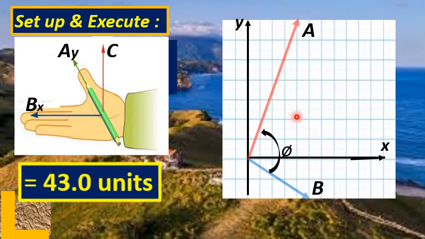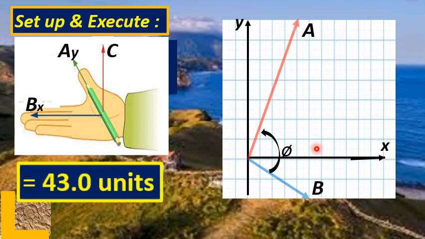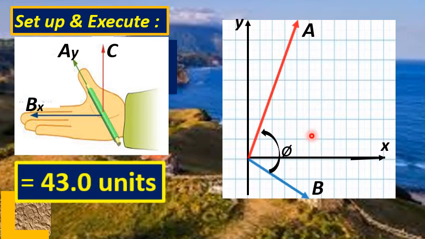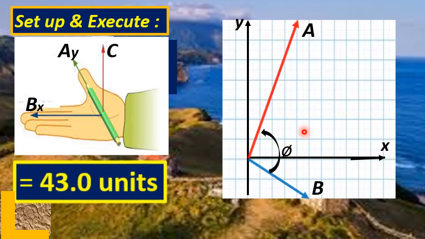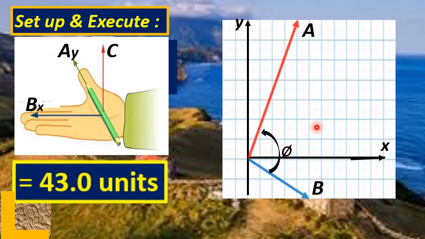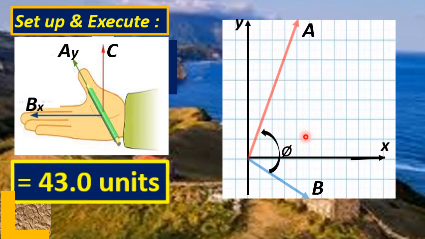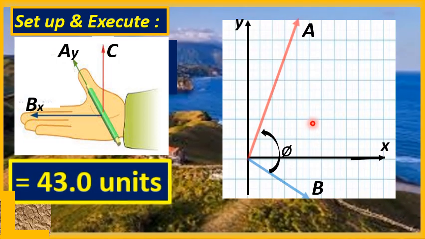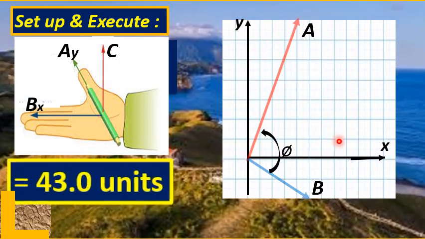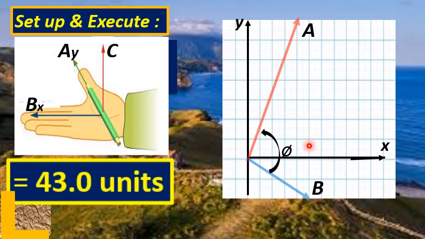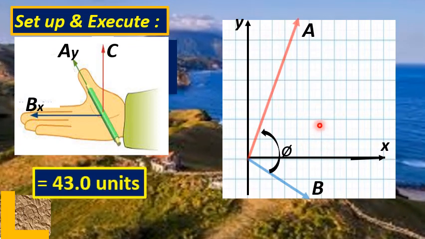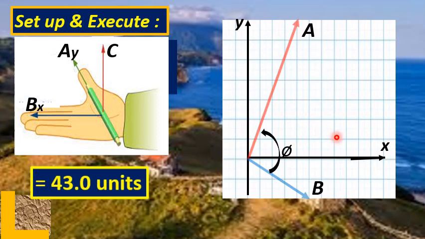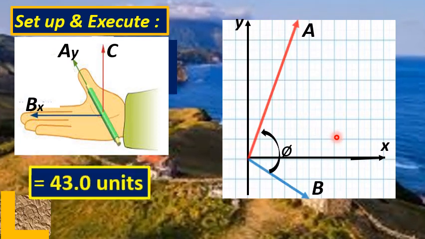So if you have done that, take note where the palm of your right hand is facing. When you do the slapping, the direction of your right palm will be facing, all right, away from you or into the page, and that represents the direction negative z.